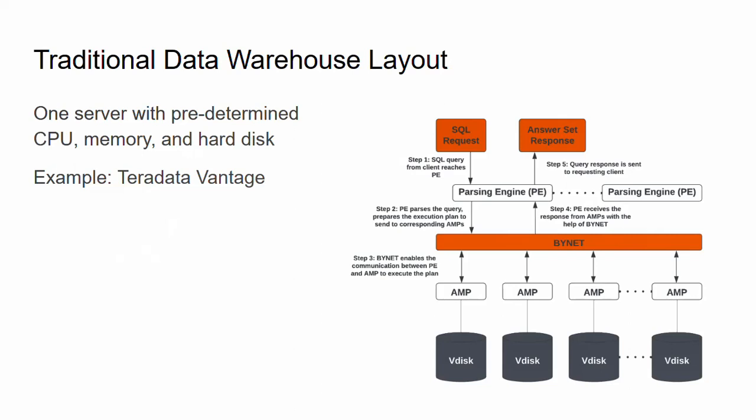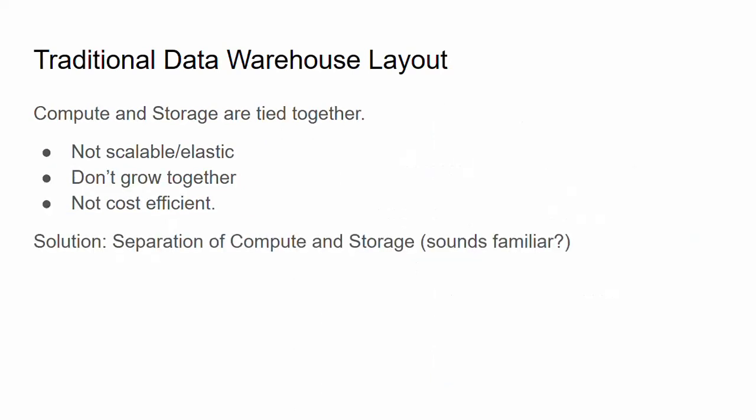Originally, when this architecture was freshly invented, people used a symmetric architecture, which means you have two nodes, four nodes, 8 nodes, 16 nodes, all 2 to the power of n. But as technology advanced, this is no longer required. You can have an arbitrary number of nodes, but it has to be predetermined. So the problem with this approach is that compute and storage are tied together and predetermined, right?